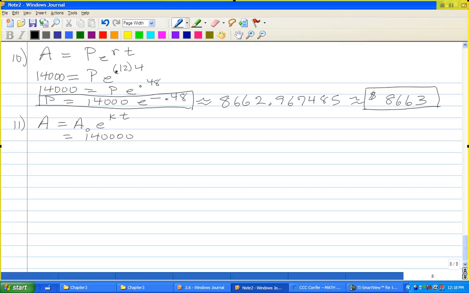There are 609,000 after 6 hours. And so t is 6. How long will it take for the population to reach 1 million? Okay, so divide both sides of your equation by 140,000.